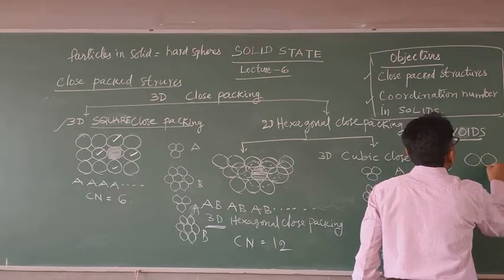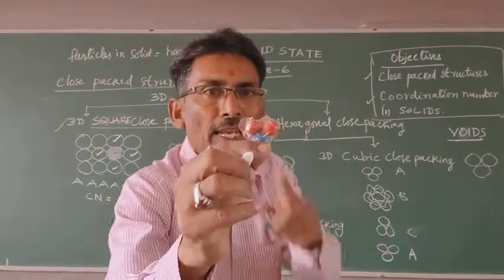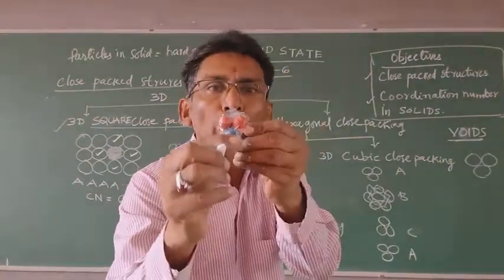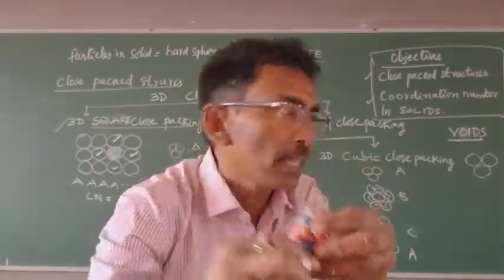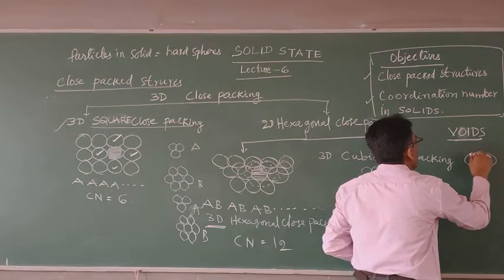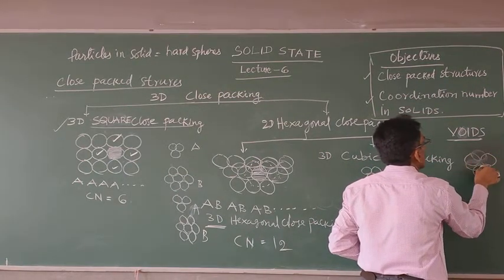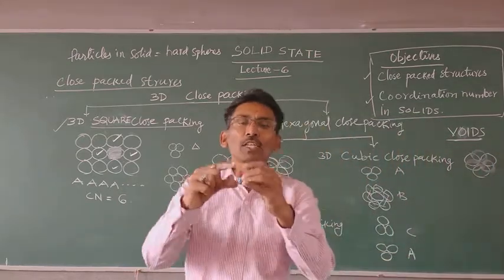These are the three particles, what I showed, three particles in a triangle. Two particles top, one particle bottom. One particle top, two particles bottom. How is the gap? See, the gap is still maintained. I would like to draw in a different way. And what is the shape you are observing?